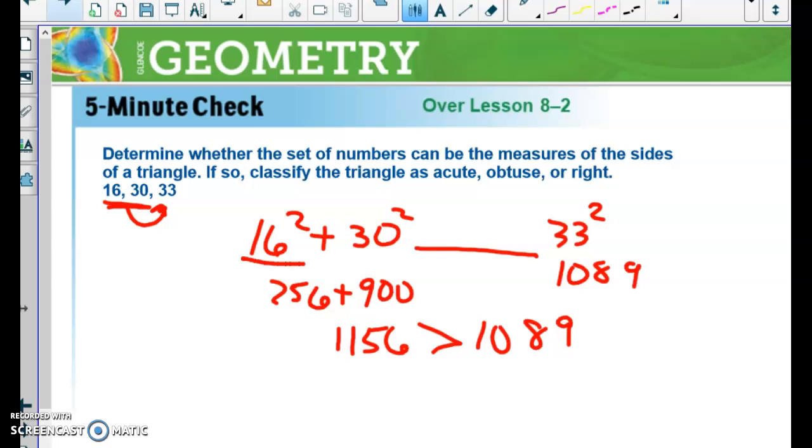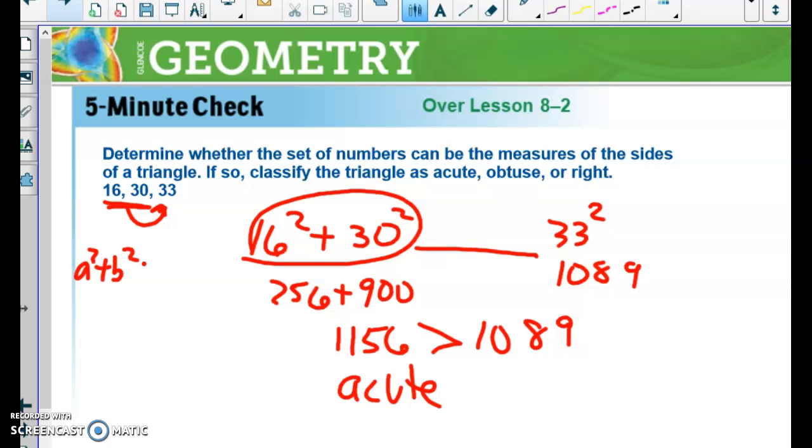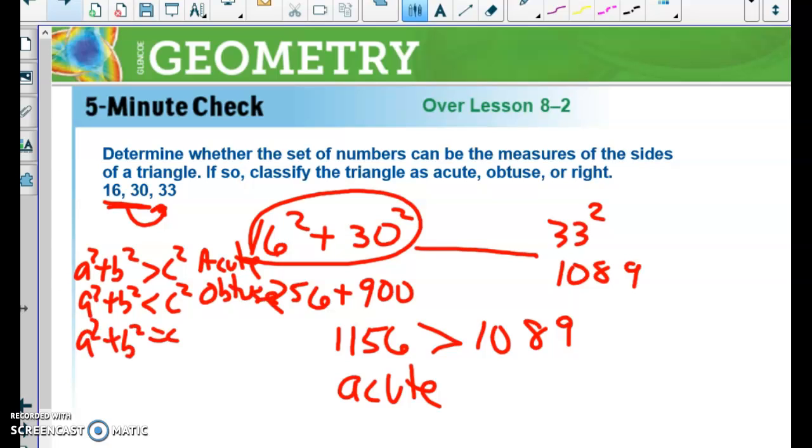So since a squared plus b squared is greater than c squared, we know that this is an acute triangle. Remember, if a squared plus b squared is greater than c squared, it's acute. If a squared plus b squared is less than c squared, it's obtuse. And if they are equal to each other, it's right.